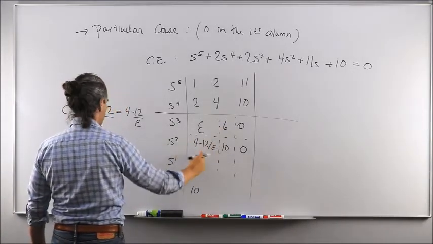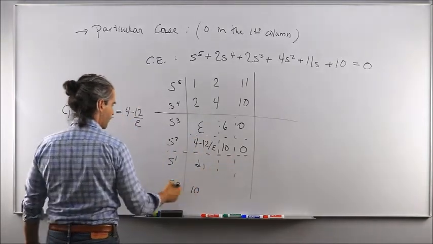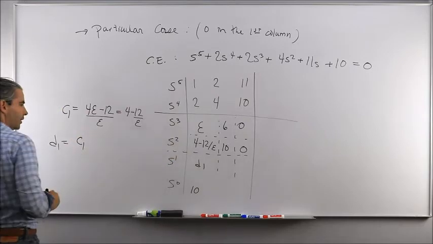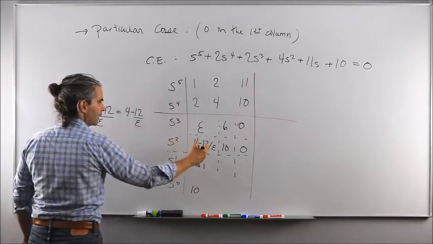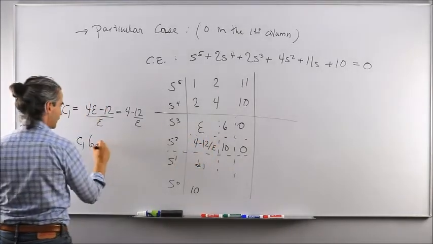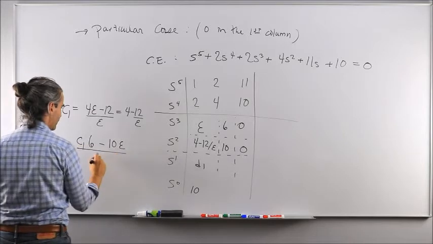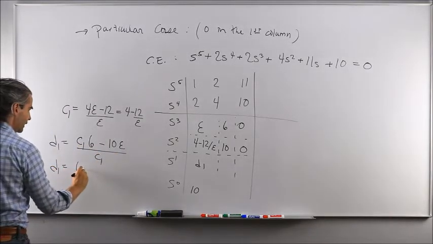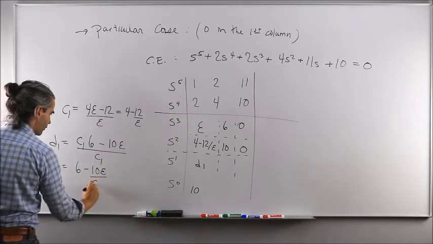This is a little bit cumbersome to carry on in the follow-up calculation, so I'm just going to call this one C1 for the time being. So C1 times 6 minus 10 epsilon over C1, or alternatively D1 equal to 6 minus 10 epsilon over C1.